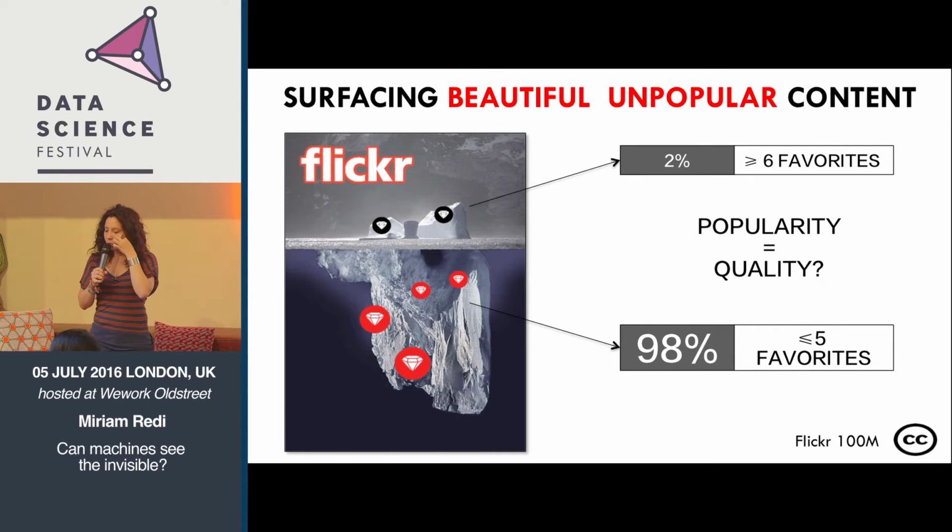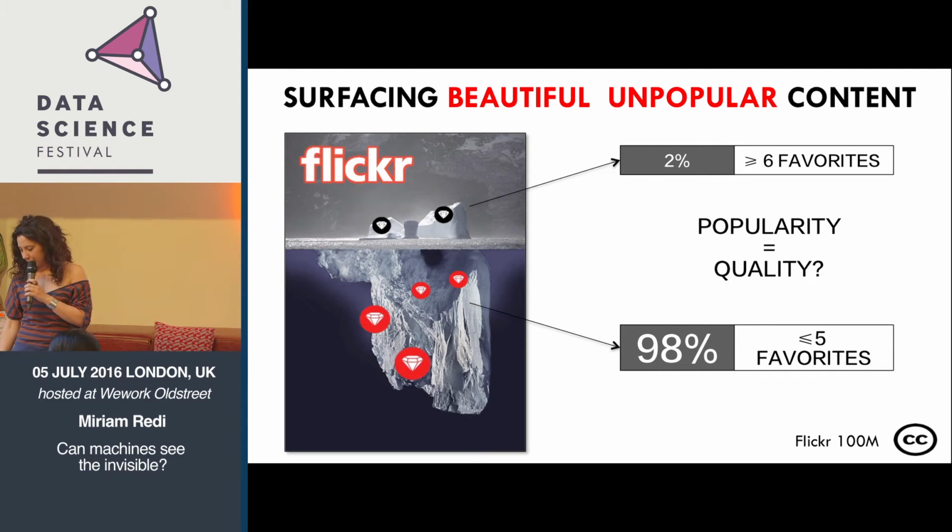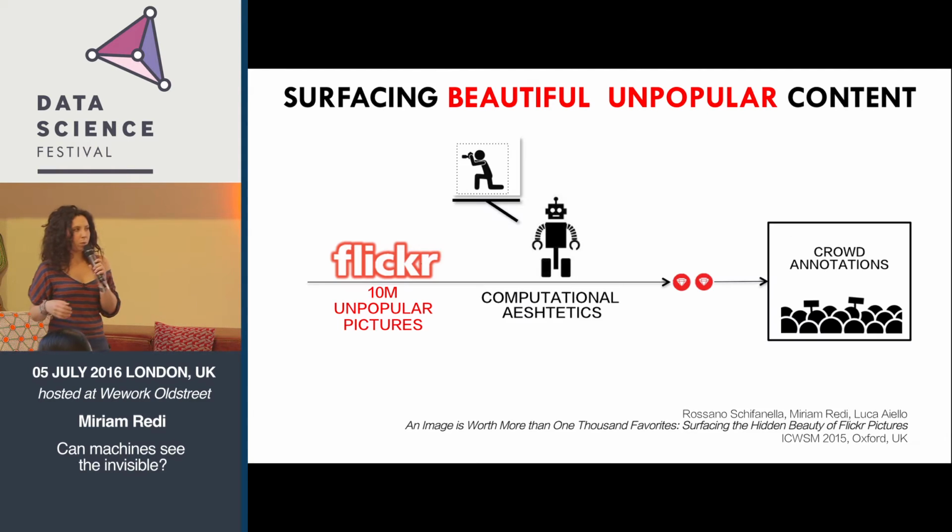And so with the aim of surfacing these hidden gems and providing this high quality content to Flickr users, we employ a computational aesthetic algorithm. So what we do is that we take a very large data set of Flickr pictures that are absolutely non-popular, so they're all hidden, right?